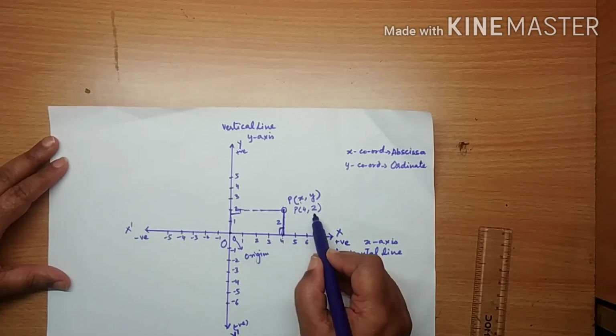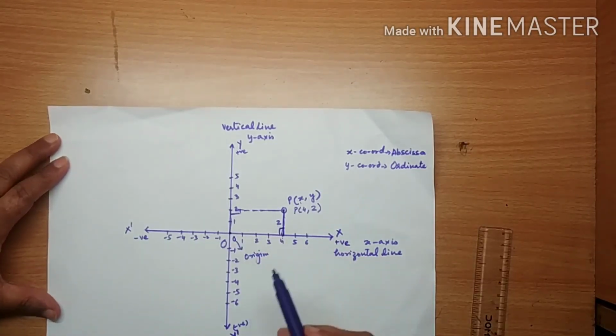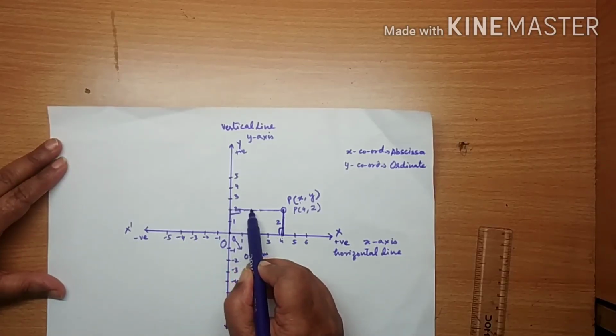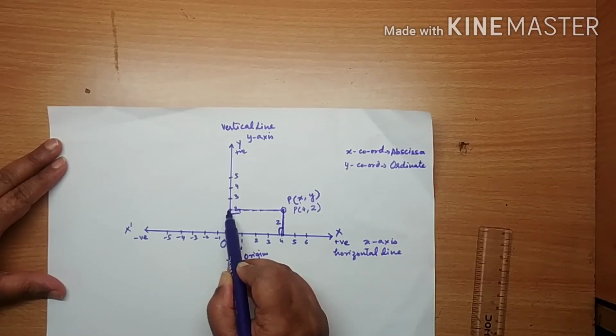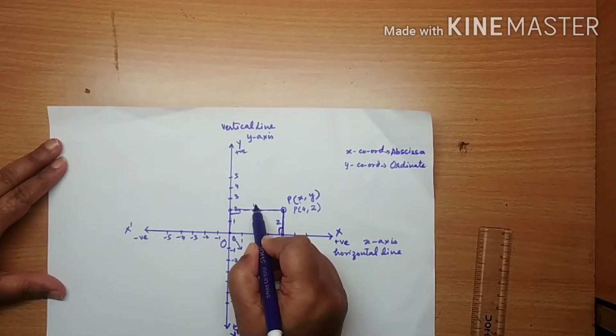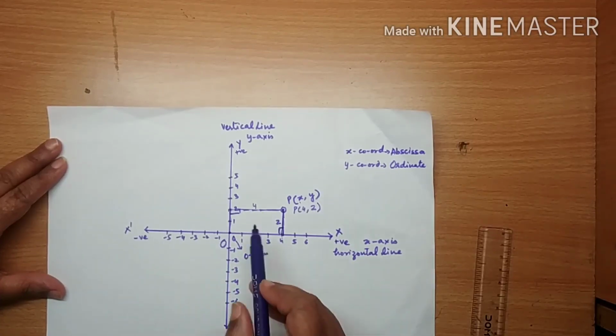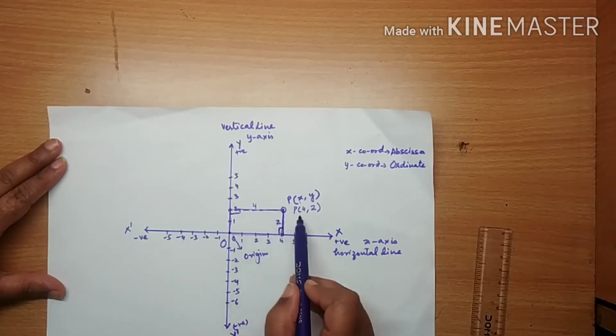And this is the y coordinate because this distance is measured along y-axis. Now, what is this? This is the perpendicular distance of the point P from y-axis, and this distance is 4. This is 4 units. This is measured along x-axis. So this is the x coordinate 4.